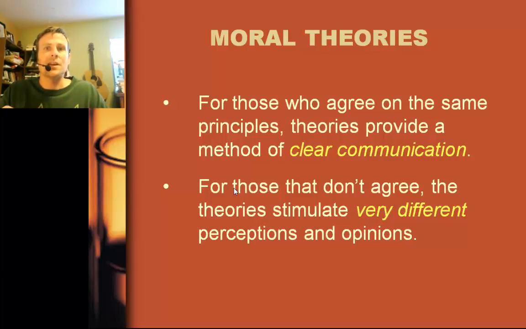So, for instance, if we're talking about whether or not euthanasia is permissible, and we both agree that the thing that should decide whether or not euthanasia is permissible is whether or not it produces the best results, maybe the most happiness possible, well, you might say, hey, euthanasia has this flaw. It frightens people, right?